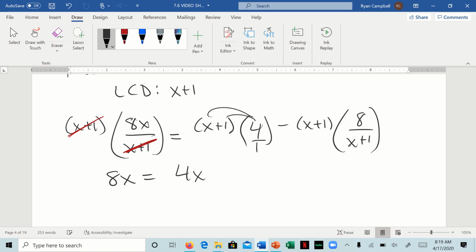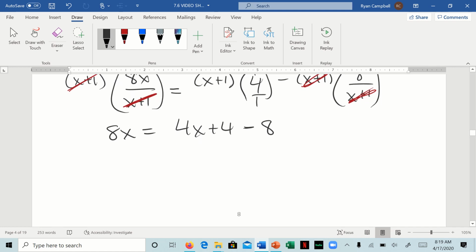So 4x plus 4. And then once again, x plus 1's cancel, so we get 8. If we subtract the 4x over, we get 4x. 4 minus 8 is -4, so x is -1.